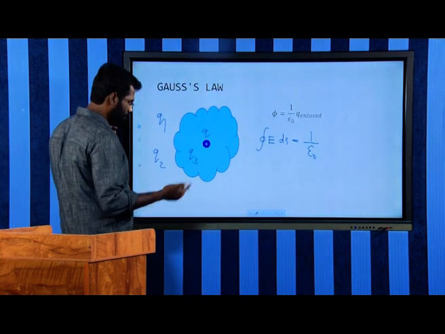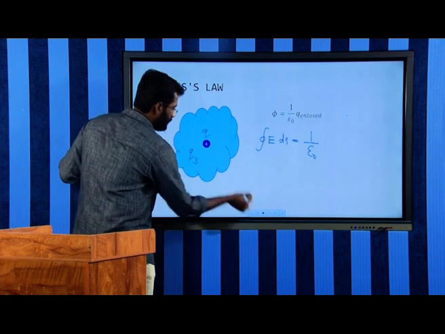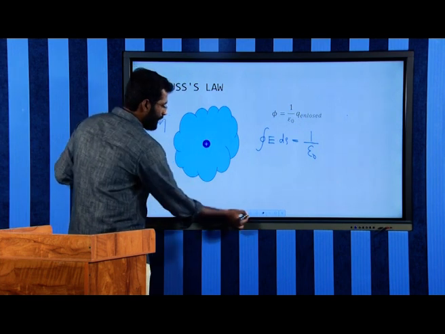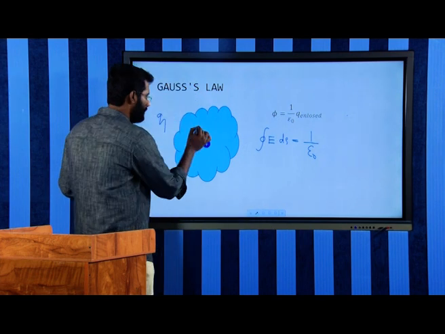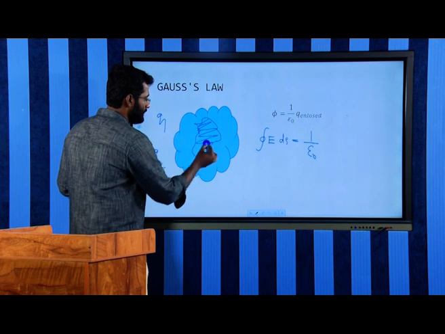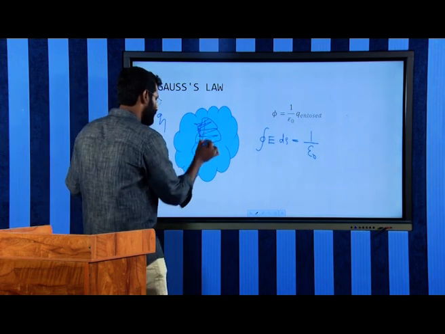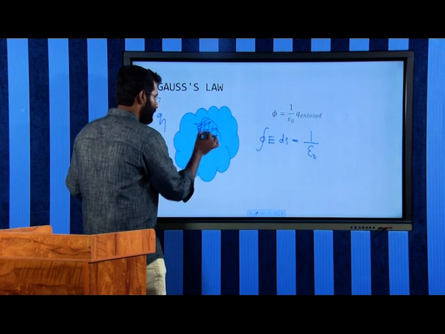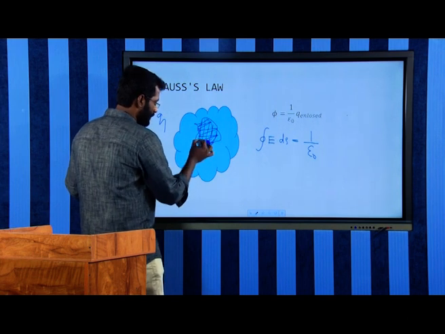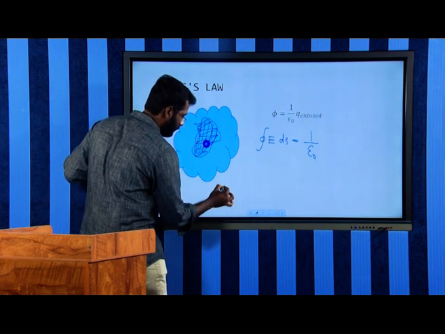Now, imagine one more thing: instead of a point charge, we have a charge distribution. That is, not a single charge, but the charge is distributed inside. Imagine the entire shape has some charge, and let that charge have a charge density rho.